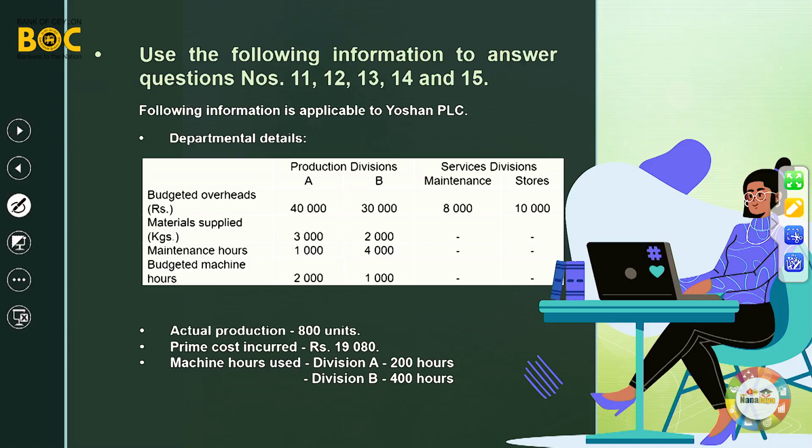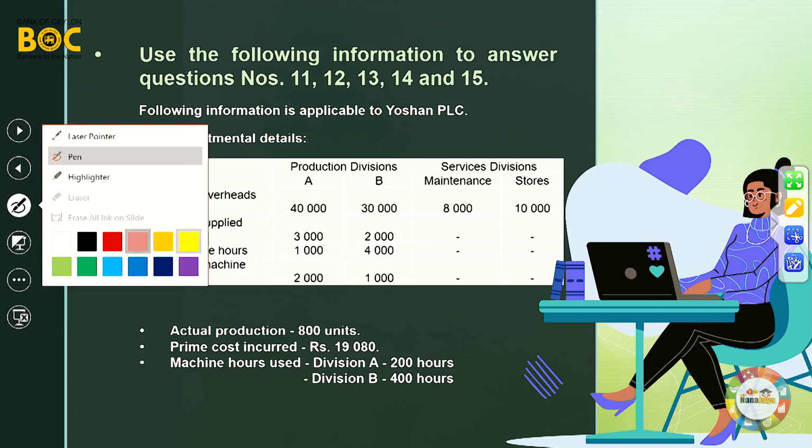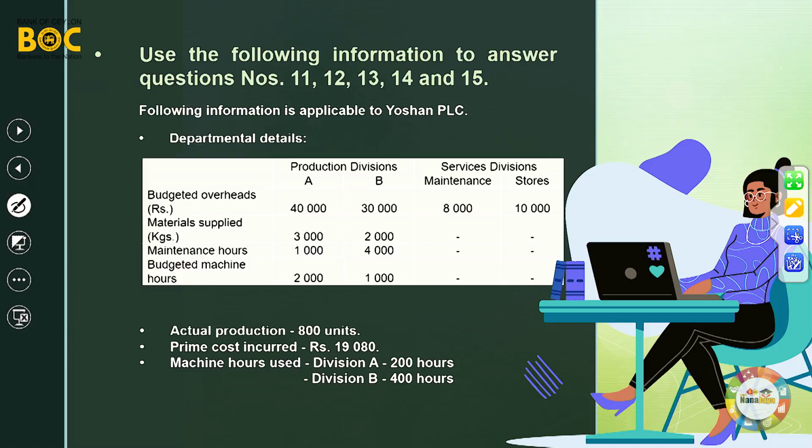This information you use to calculate the answers for questions 11 to 15. So you have 2 production departments and 2 service departments. The budgeted overheads of these departments are given: production, A and B, services, maintenance and stores.